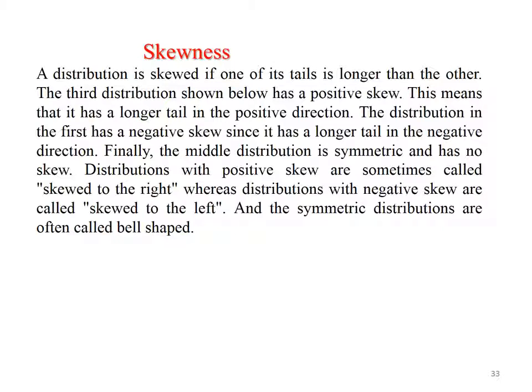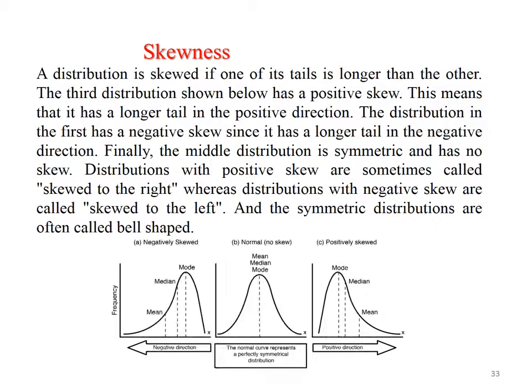Next, skewness. In this section we will just introduce skewness, but later we will discuss skewness calculation in a mathematical way. In this case, we just identify skewness based on the histogram, the graphical way. A distribution is skewed if one tail is longer than the other.